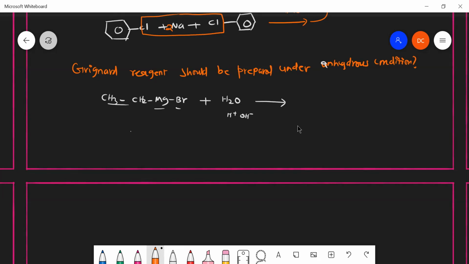Here the carbon is negatively charged, because it is attached to a divalent cation Mg. So the minus charge will approach the H plus, and the positive charge will approach the OH minus. Then what will you get? CH3CH2H along with Mg(OH)Br. So I get the alkane as a product. That's why we should not use any moisture; it must be prepared under anhydrous conditions.